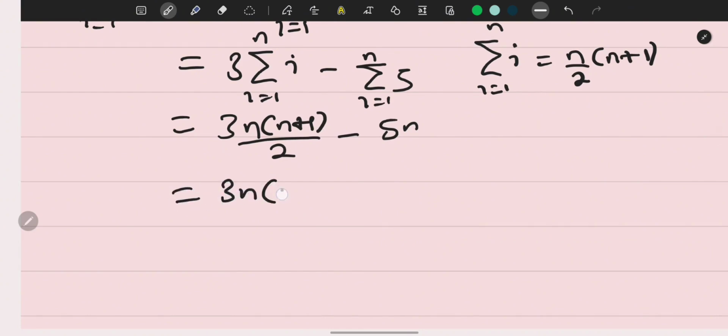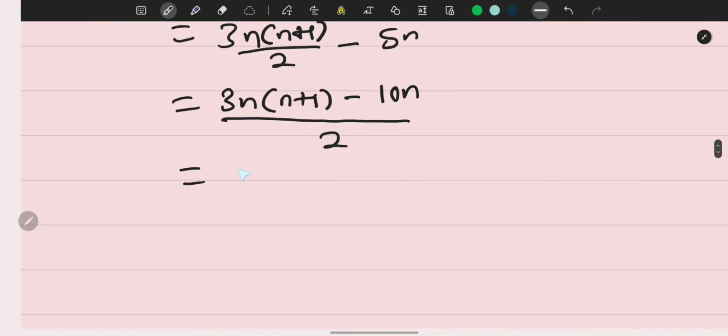So the next thing is to take your LCM. So you have 3n times n plus 1, then minus 2 times 5n, which is 10n, over 2. So this is going to give us what? You can factorize out n.